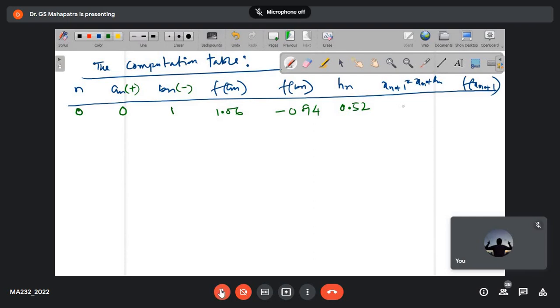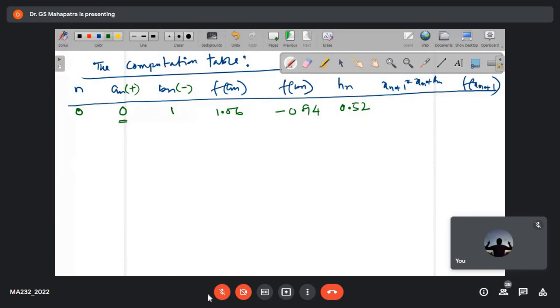Now n equals 0, so n equals 1 gives X0, correct? So what will be X0 for that case? Is X0 A0 or B0? In this case, if you consider the positive one, it is 0 plus 0.52.